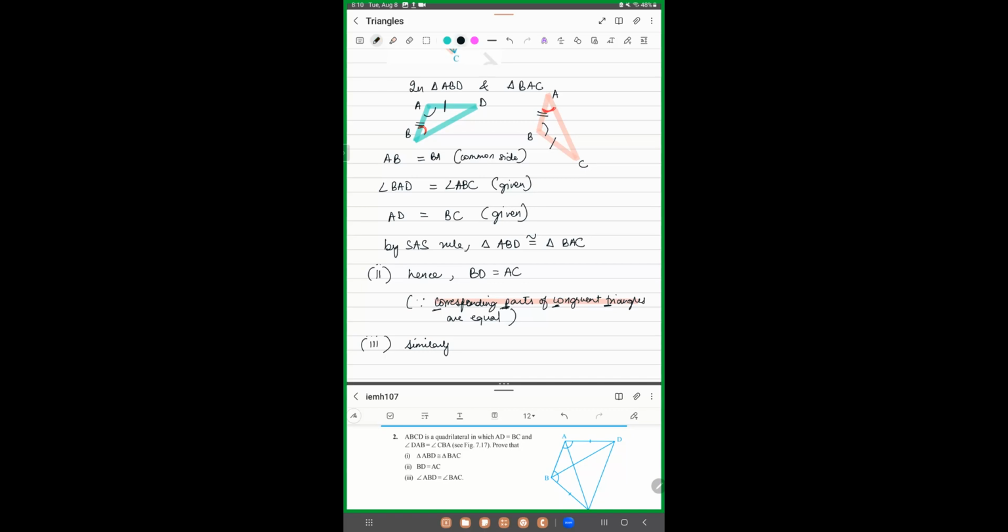So similarly, angle ABD is equal to angle BAC, since CPCT, corresponding parts of congruent triangles are equal. So please write this.